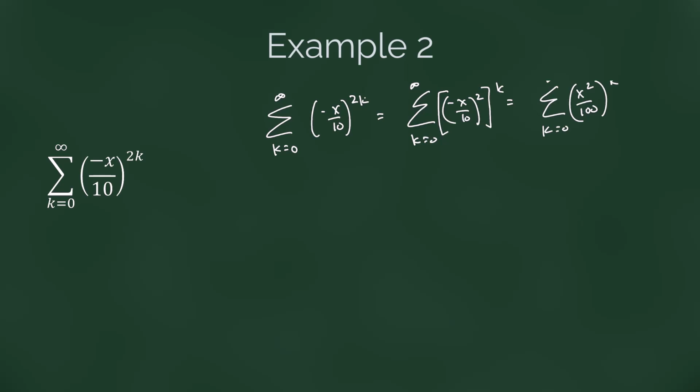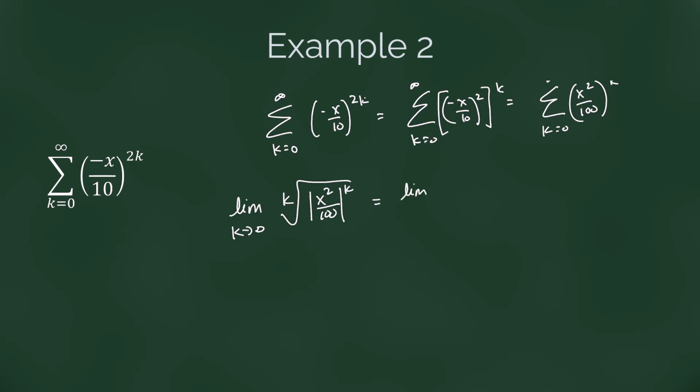We're going to use the root test, so we're going to take the limit as k goes to infinity of the kth root of the absolute value of x squared over 100 to the k.